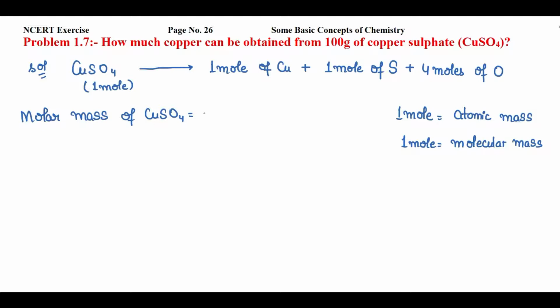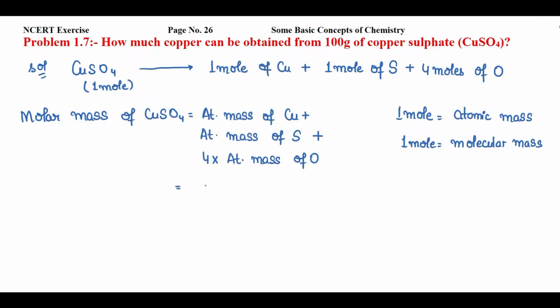Definitely the atomic mass of copper plus atomic mass of sulfur plus 4 into atomic mass of oxygen will give the molar mass of copper sulfate, right?